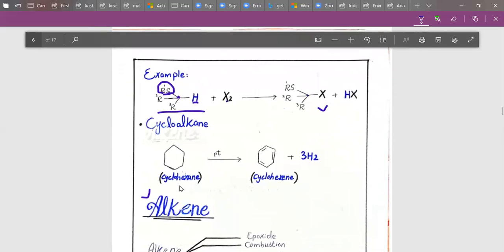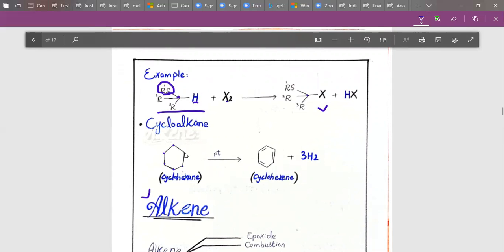Cycloalkane produces cycloalkene by the removal of hydrogen atoms. All the corners show the carbon, and these carbons contain 2 hydrogens.